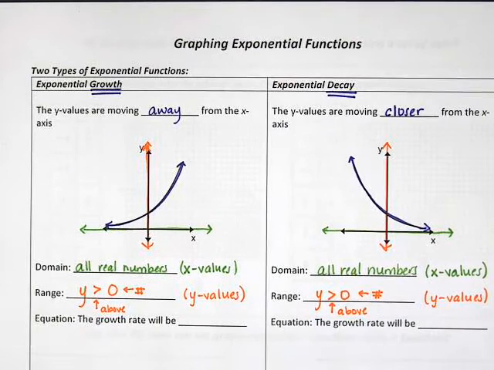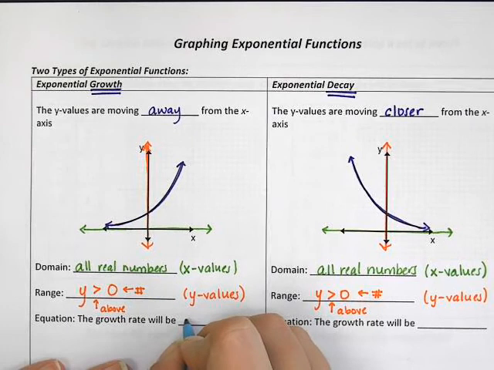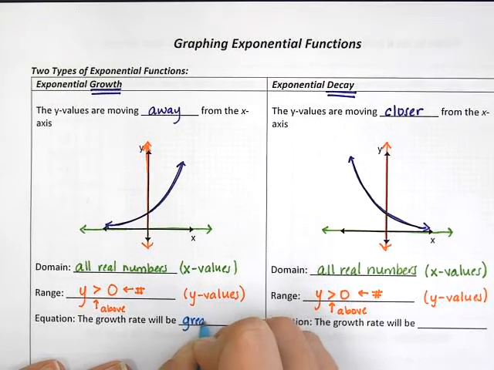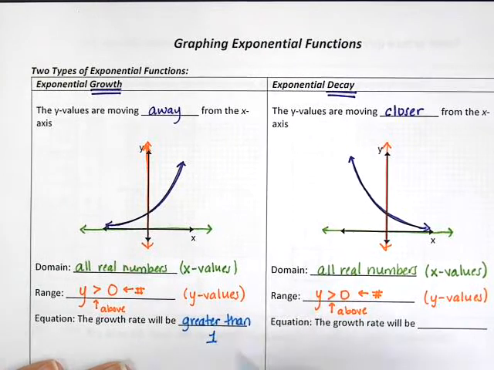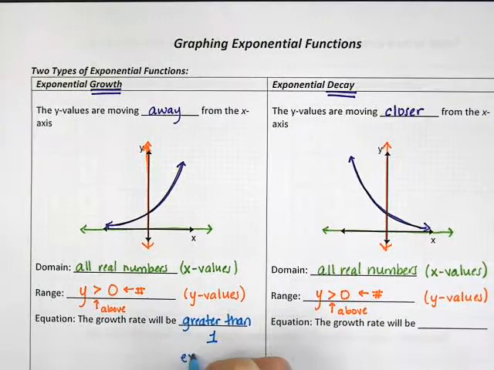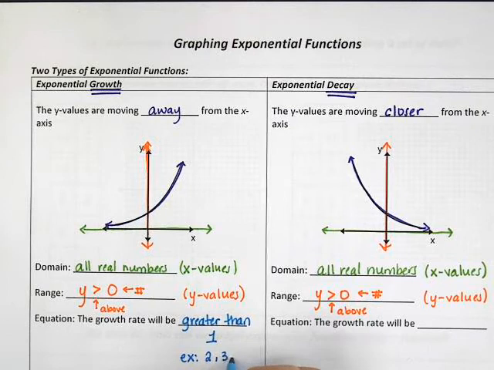Now the growth rate talks about whether we are growing or decaying. If we have a growth graph where our graph is getting farther away from the x-axis, then the growth rate will be greater than the number 1. For example, it could be the number 2, 3, or 4.